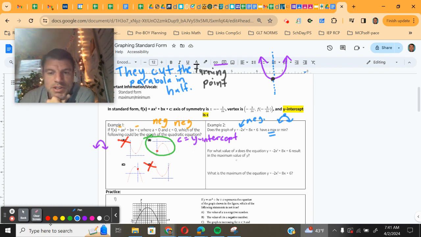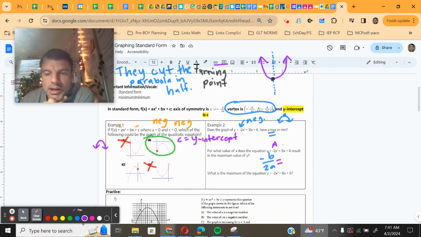This one's asking you to find the x value of your vertex. And if you look up here, the vertex x value is represented by the equation negative b over 2a. So if you know b and a, you can find the x value of your vertex.